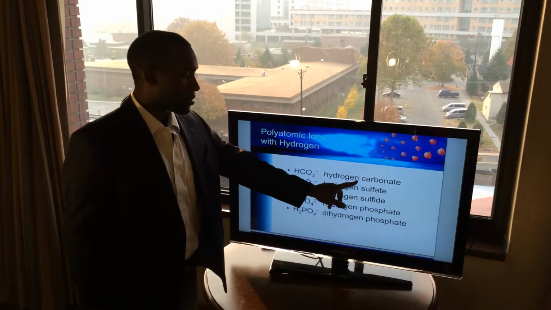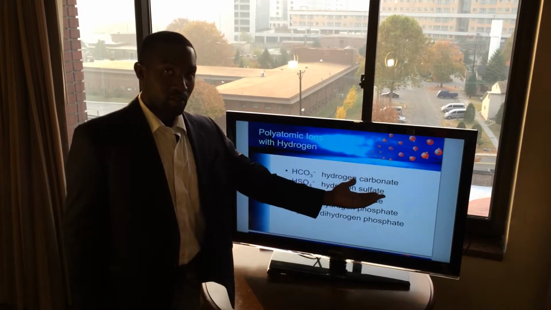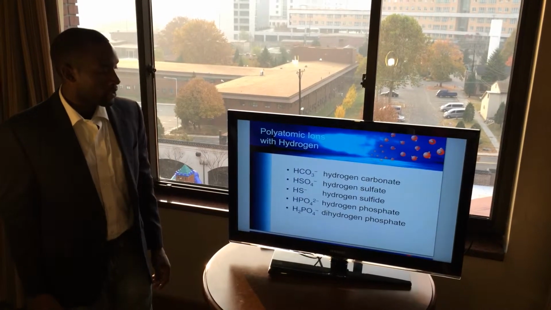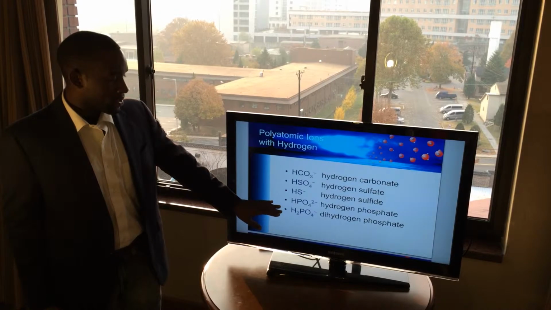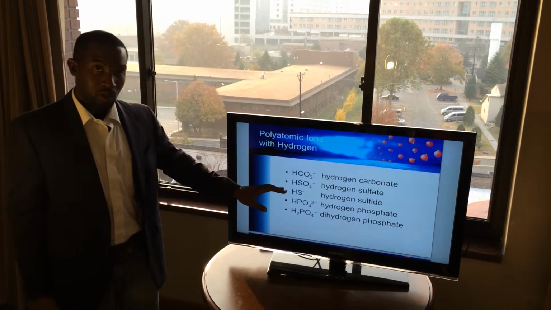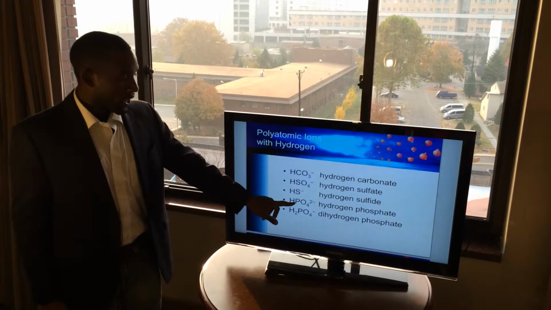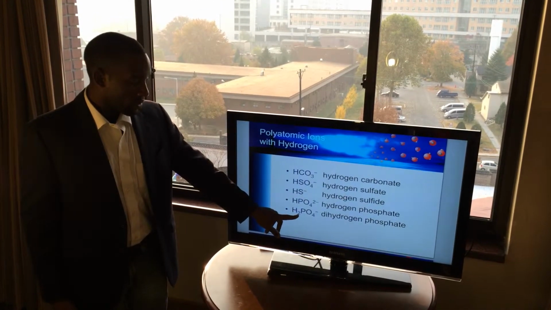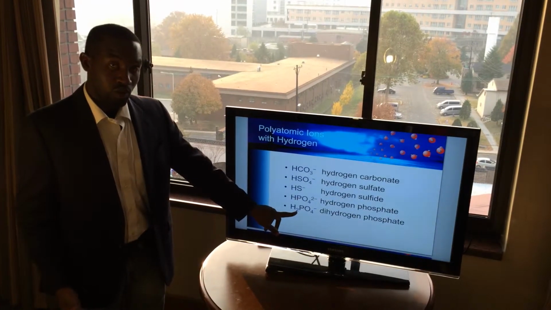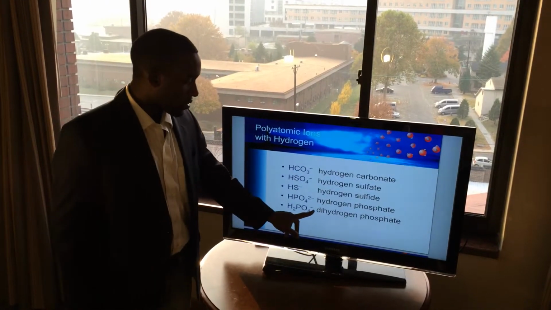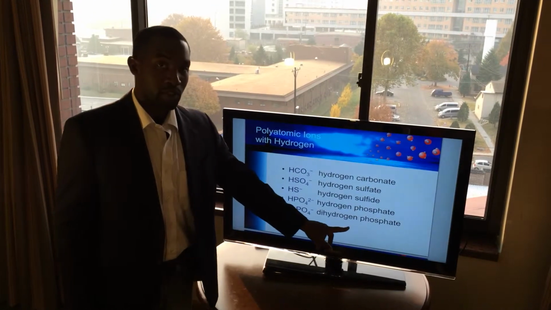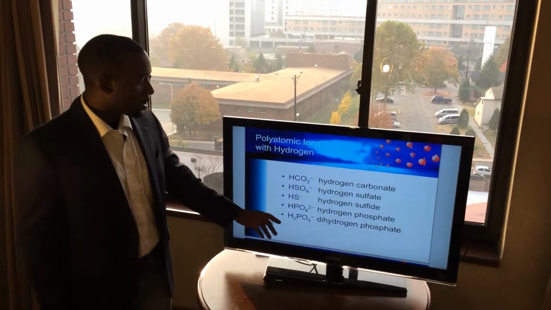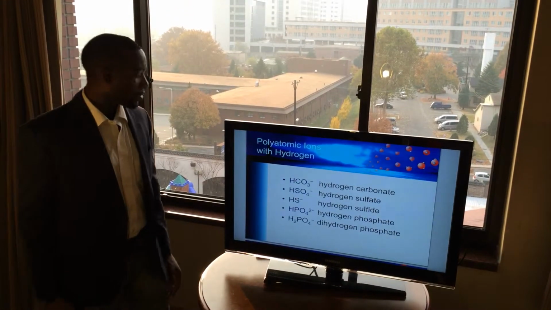You call these hydrogen, and then you add the name of the polyatomic anion. So you also need to memorize this list, and you also need to be able to distinguish hydrogen phosphate from phosphate, and you can also have two hydrogens added to increase the charge. So in this case you have dihydrogen phosphate. So it's really not much to be said. It's pretty much straightforward, and it just requires memorization.